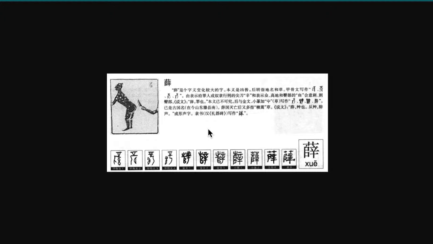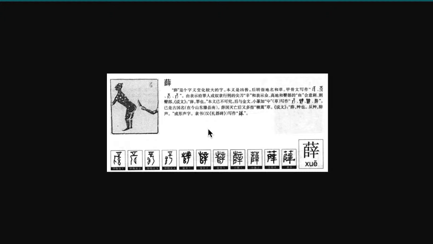The original meaning is a type of fault or mistake, which is very bad and catastrophic. That's the very original meaning, and later it came to mean a name of grass, a name of places.